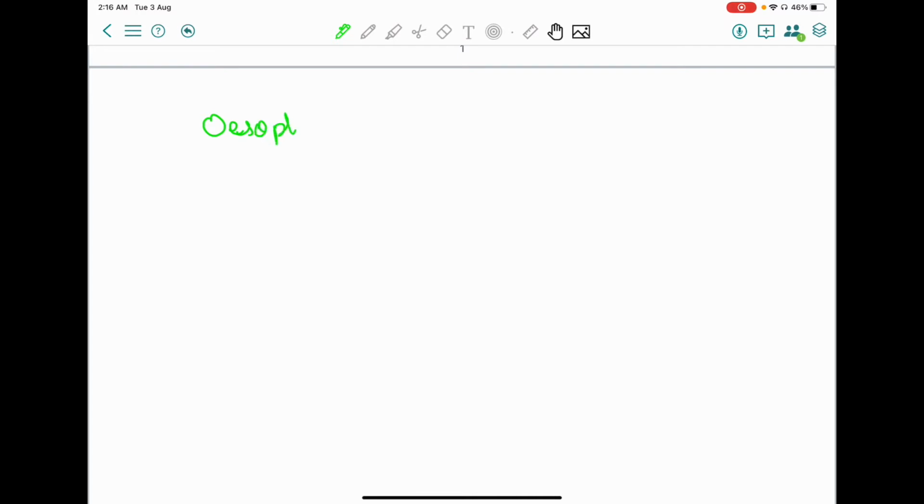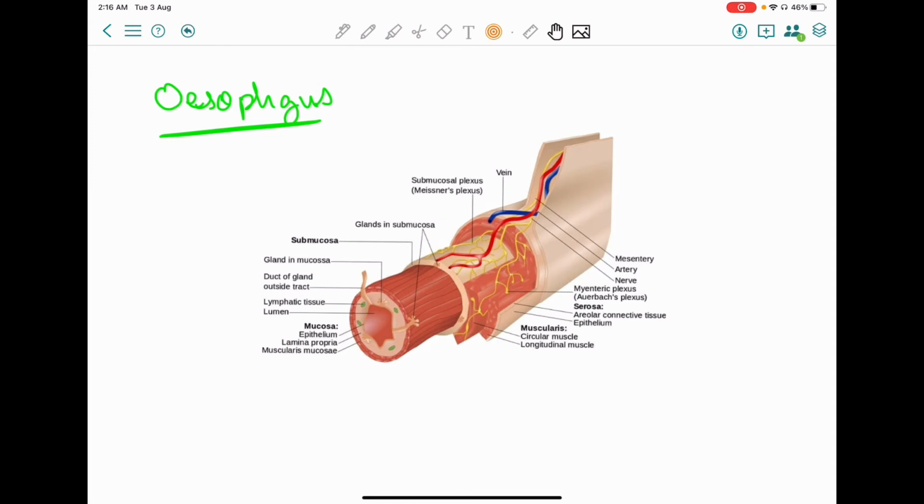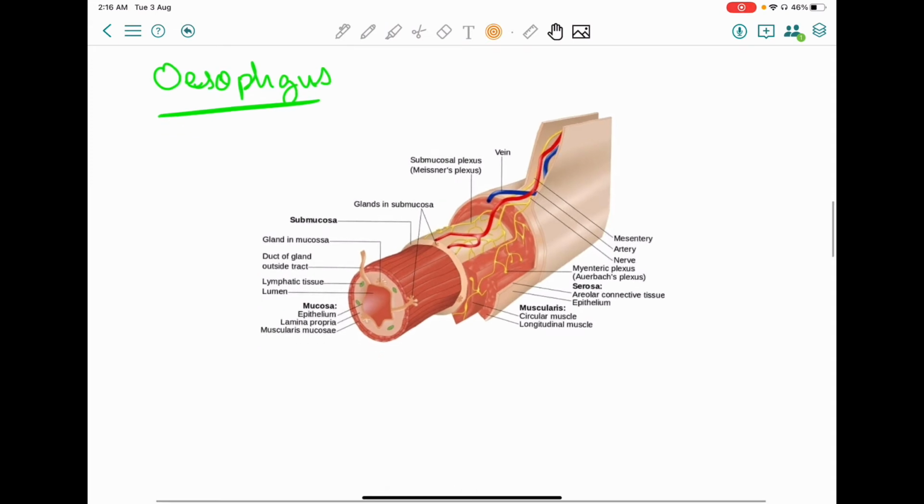Let's talk about the esophagus. This diagram is of the esophagus. In the center you can see the mucosa. The mucosa has three parts, as I told you, and the innermost is the epithelium.